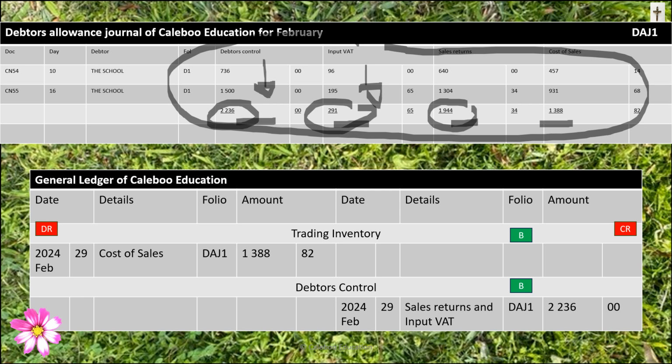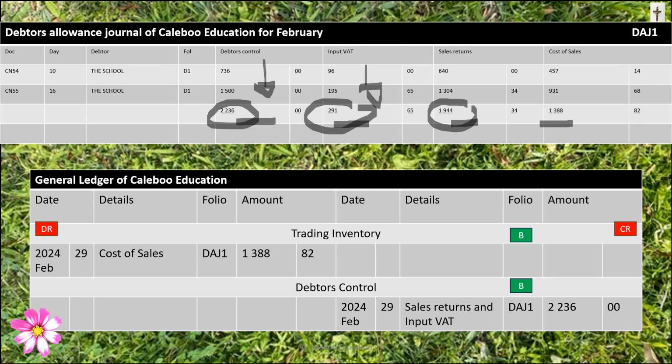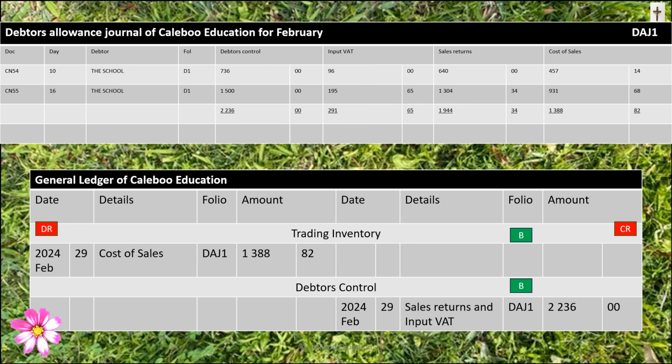So let's have a look here. I'm going to do trading inventory. I'm going to look at the B accounts first. That stands for balance sheet accounts, statement of financial position as it's known today. So we're looking at two B accounts here. I've got trading inventory and debtors control.